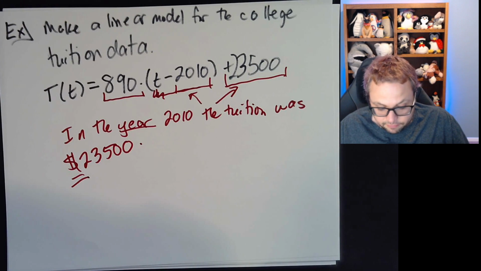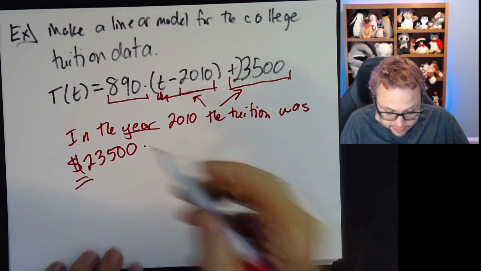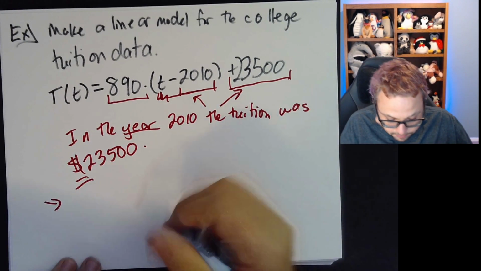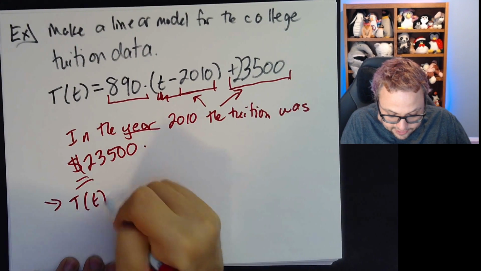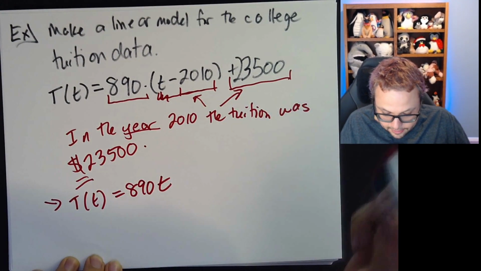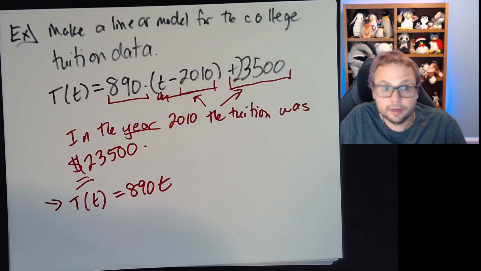So what if I convert this to y equals mx plus b form? Just to see it. What does this look like in y equals mx plus b form? Well, it would look like T of t equals 890t, and then let me calculate this off screen real quick.